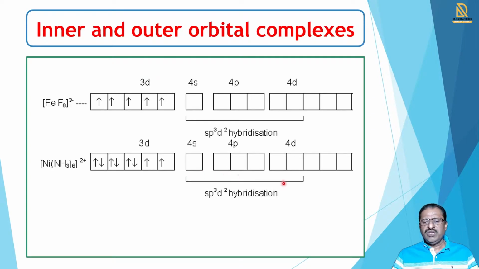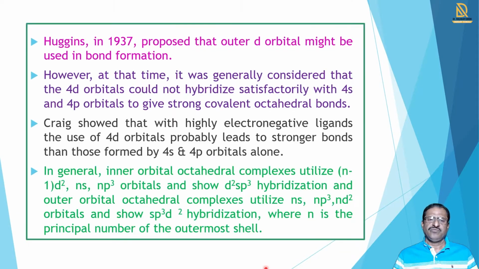Here sp3d2 hybridization is used, and in this hybridization the nth shell s orbital, nth shell p orbitals and nth shell d orbitals take part. Such hybridization is sp3d2 hybridization. In that hybridization, the outer orbitals are used.